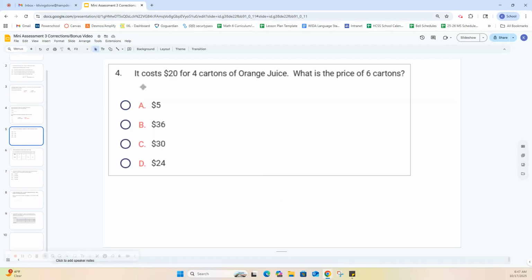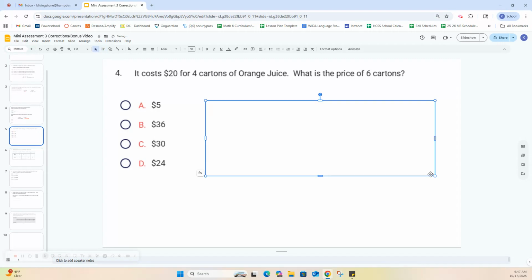It costs $20 for 4 cartons of orange juice. What is the price of 6 cartons? Okay, so let's write our original rate, $20 for 4 cartons. And we want to go to 6 cartons. Now, I'm thinking that I can't go from 4 cartons directly to 6 cartons using multiplication or division.